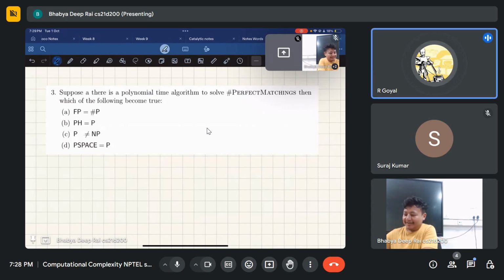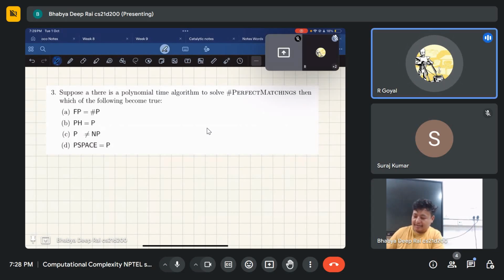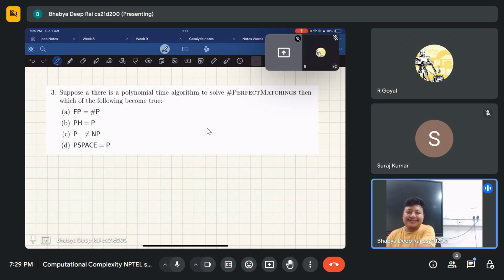So is this perfect matching problem a Sharp-P complete problem? Yes, it is. I think it was done in the lectures.